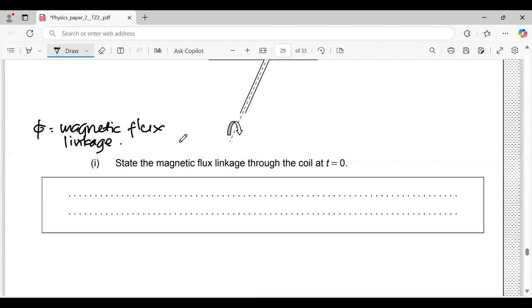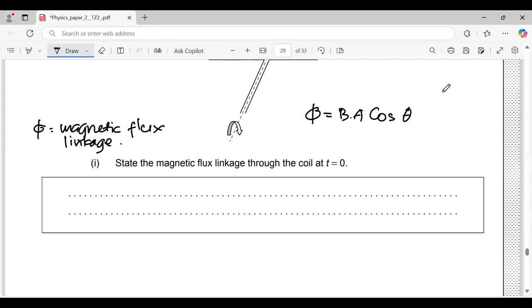Magnetic flux linkage through a coil is given by the equation phi equal B times A cosine theta.